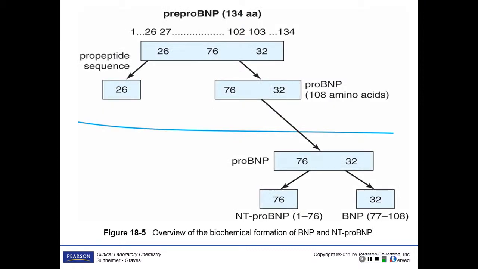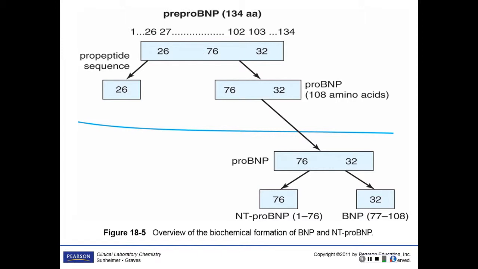This is an overview of the biochemical formation of BNP, and BNP that we began to test at first is down here, but if we go back, the precursor pro-BNP we found to be a good source to be testing, and we've gone even further up.